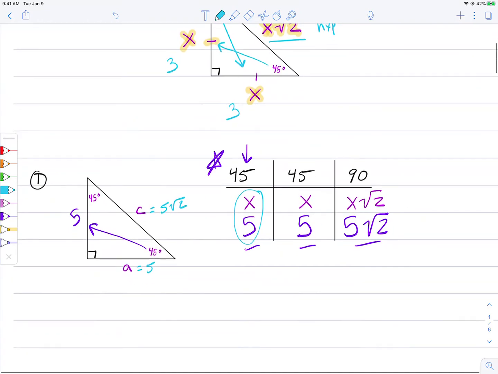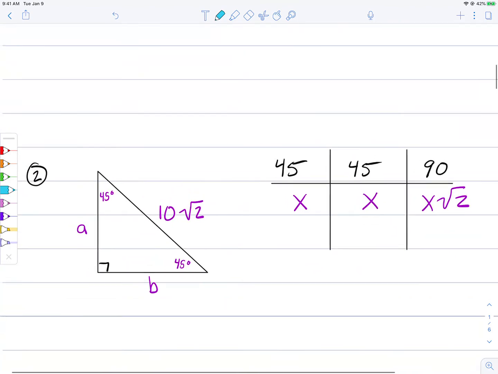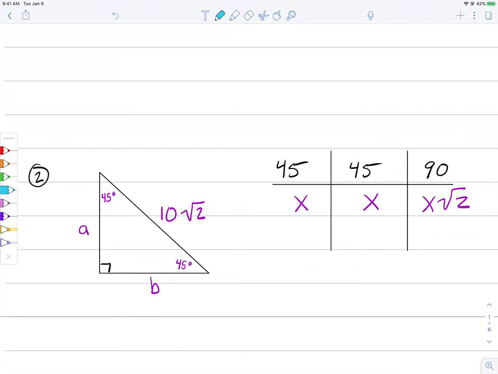Okay, let's try another one. Let's say we are given this triangle. Across from the 90 on this triangle is 10 root 2. Across from 45s are always the x's, and across from the 90 is always x root 2. On this triangle, across from the 90, x root 2, is 10 root 2.